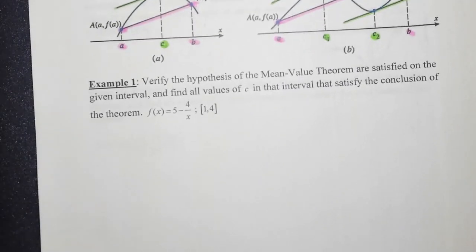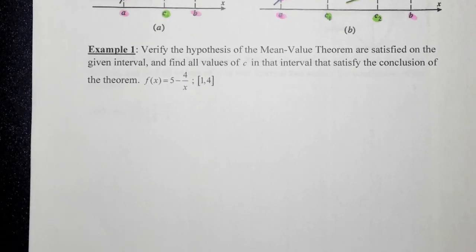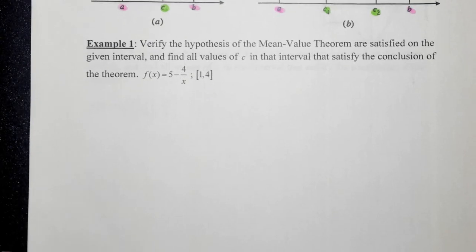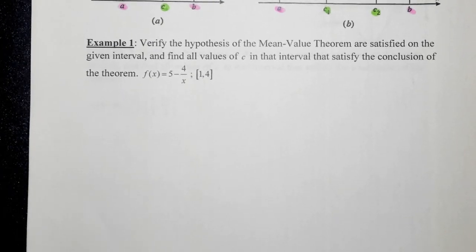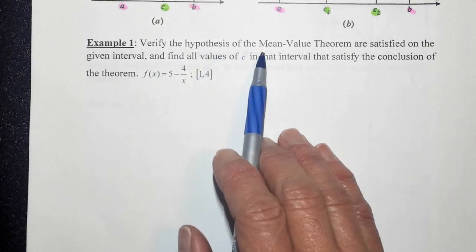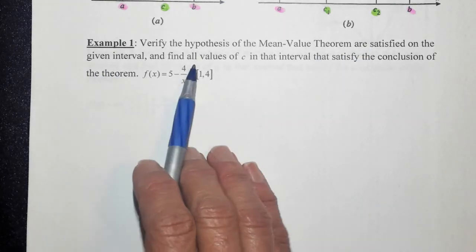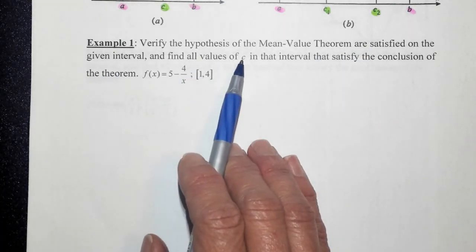So if we had to apply this in a problem, what would we be asked for, and what do we have to say? So there are some specific things that we're looking for when you're answering this question. So it must be answered in a specific format. So here it says, verify the hypothesis of the mean value theorem, and we want to show that they are satisfied on the given interval, and we want to find all values of c, or the x values.